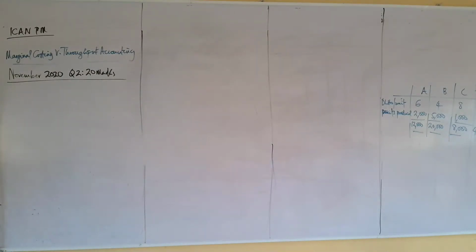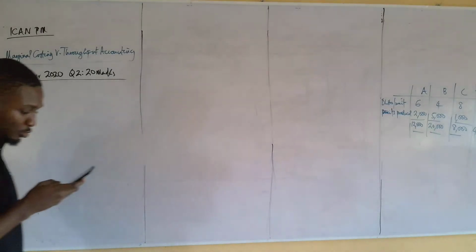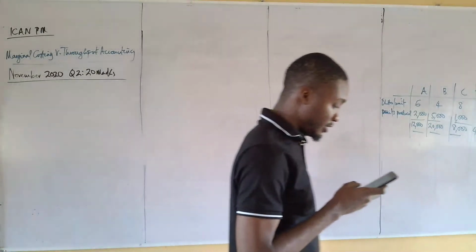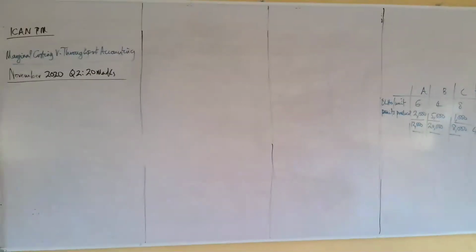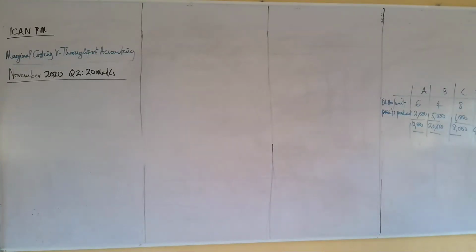Okay, so I'll read. Ideal Nigeria Limited manufactures two products, light and medium, on the same machine. Sales demand for the products exceeds the machine capacity. That information tells you that what? Machine capacity is the bottleneck.